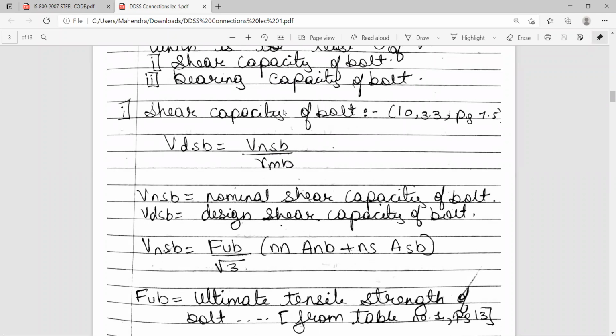In DDSS, the benefit is that you don't have to learn the formulas, but just keep in mind that the formulas are in the IS code. What is the clause number and what is the page number, you have to remember that. Each and every formula is there in your IS code. The formulas which are not there in your IS code, I will let you know.